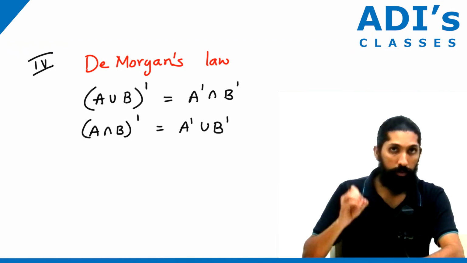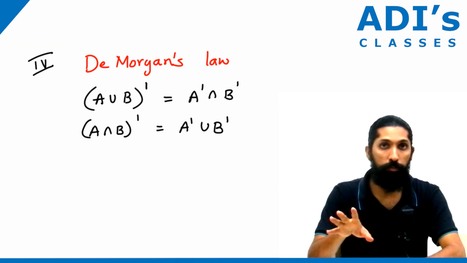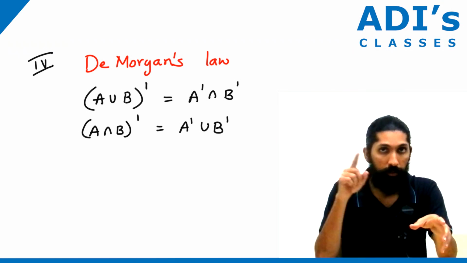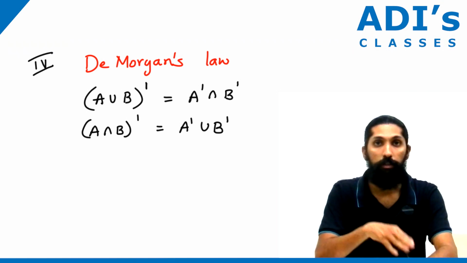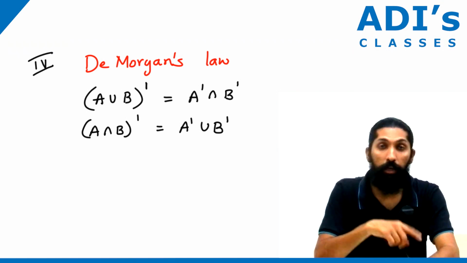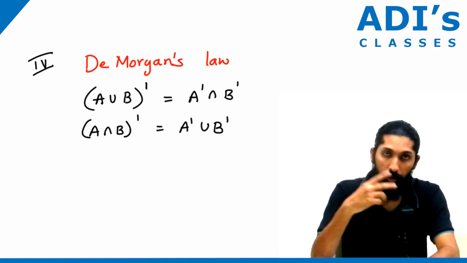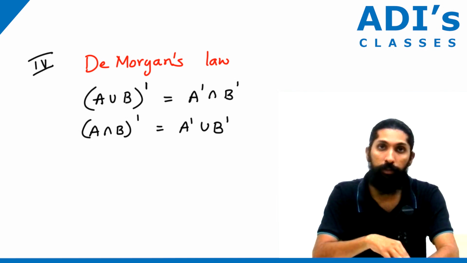Alright, now you have understood what a complement is and the four properties. A complement is the elements which are not there in the set but are present in the universal set. Then the properties: A union A complement is U. A intersection A complement is phi. Then you have double complementation. And the universal and null sets are complements of each other.